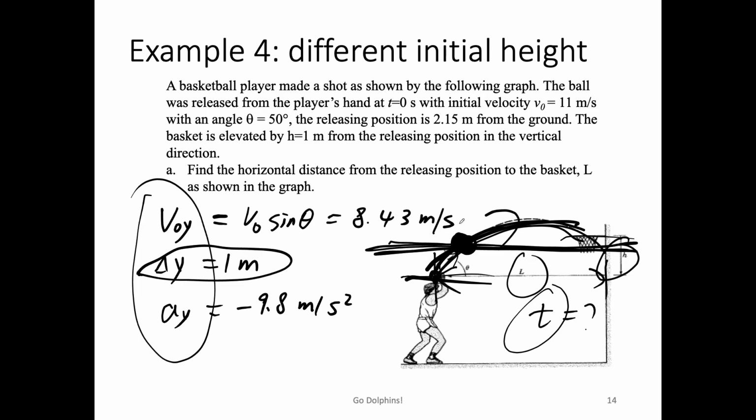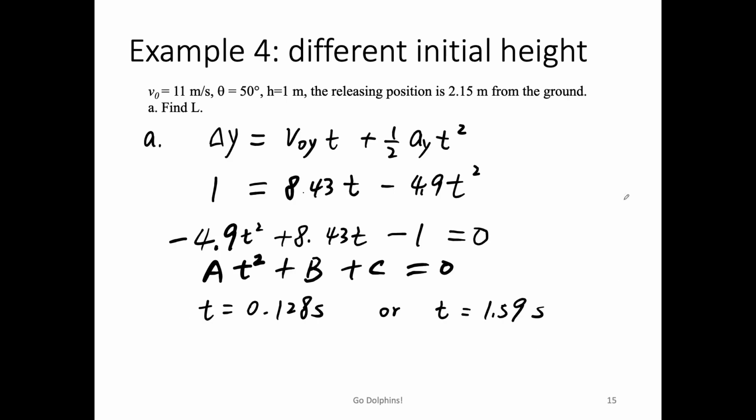One gives t equal 0.128 seconds, and the other gives t equal 1.59 seconds. Apparently I should choose this answer. This is the correct t. The other one has to be discarded by observing the trajectory of the basketball.